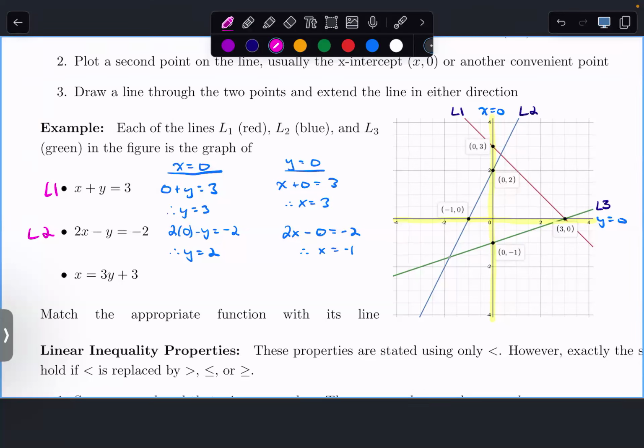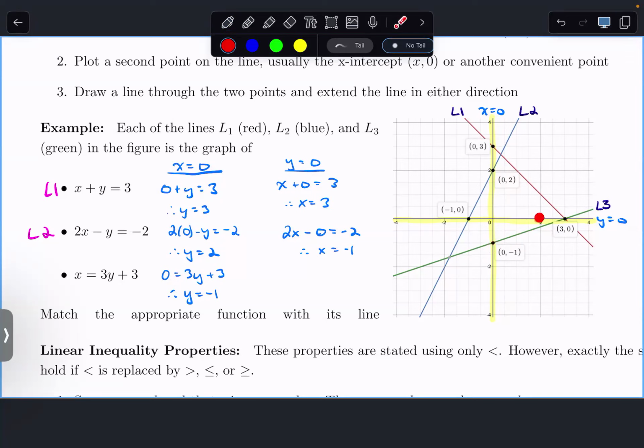But let's just confirm. If I let x be 0 in x equals 3y plus 3, then I have 0 is 3y plus 3. So -3 is equal to 3y, and so y is equal to -1. Which checks out, because if we look at L3, this is L3 here, the y-intercept is at (0, -1), and so that's what we were expecting.